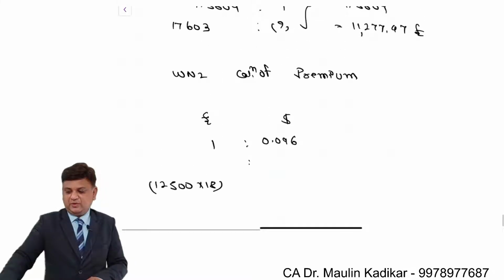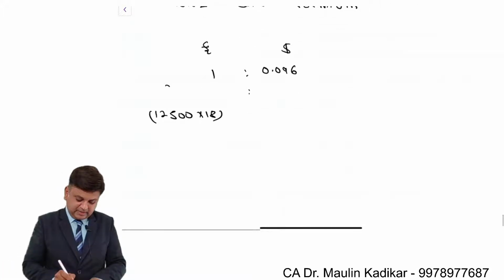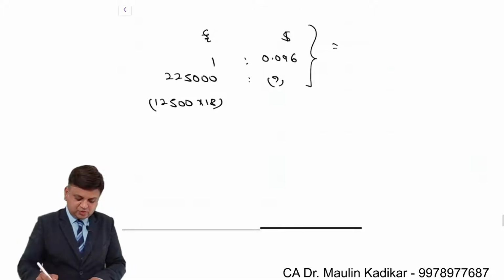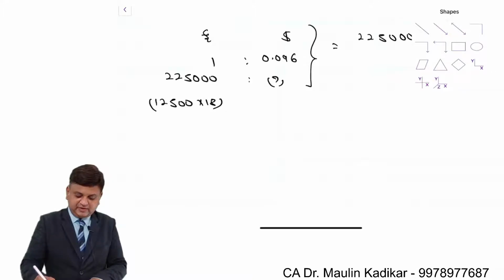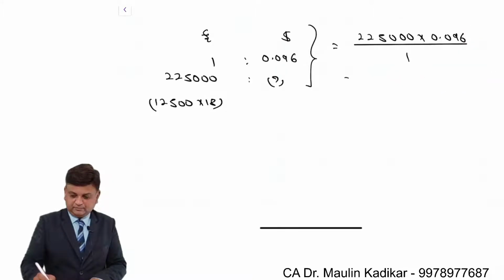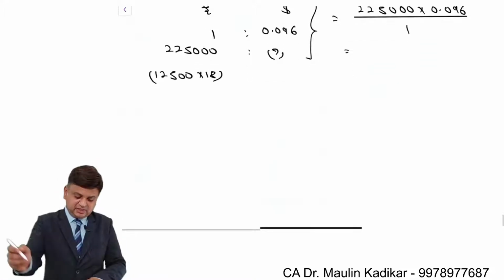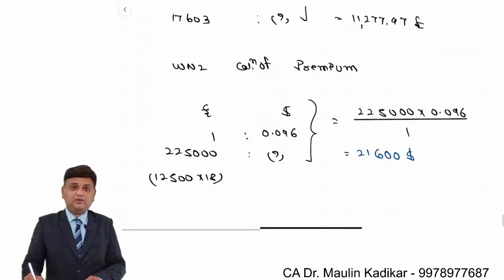This is the amount of pound that you are going to sell, 2,25,000. And this is the amount of the premium which is in the dollar currency. So the answer is going to be 2,25,000 into 0.096 divided by 1. So the answer is finally 21,600 United States dollar. This is the amount of the premium.